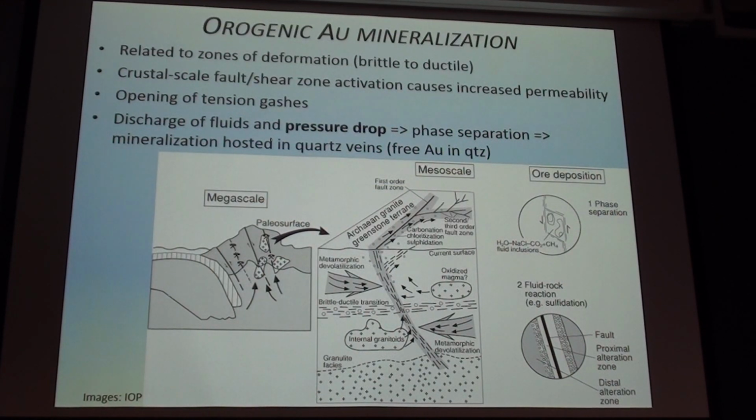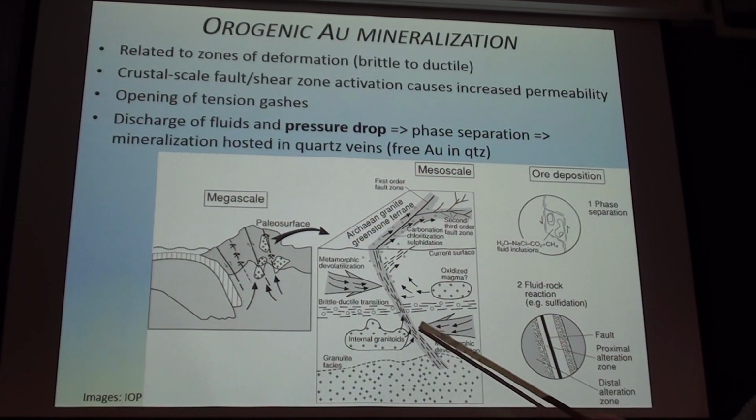So again, we need a way to generate fluid pathways. So we have crustal scale shear zones, because as I said, we need a lot of fluid to flow through the system to precipitate enough gold. And so if you just have local fractures and faults, they can't basically allow enough fluid to form viable deposits.